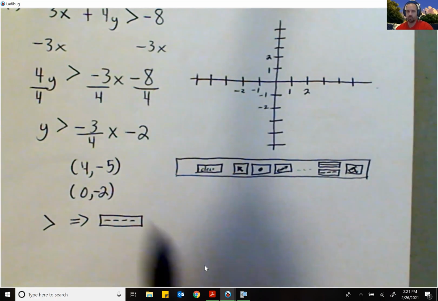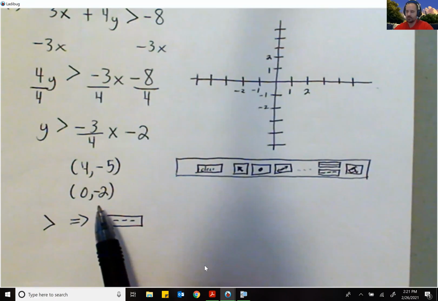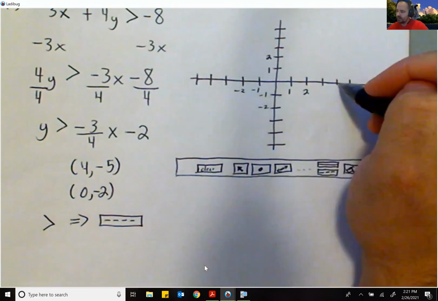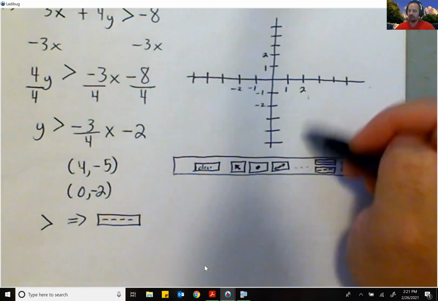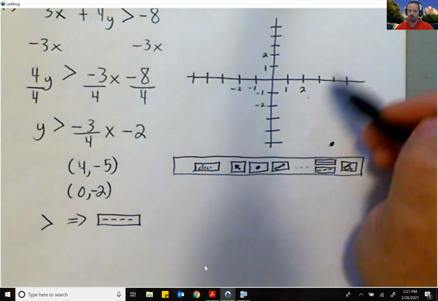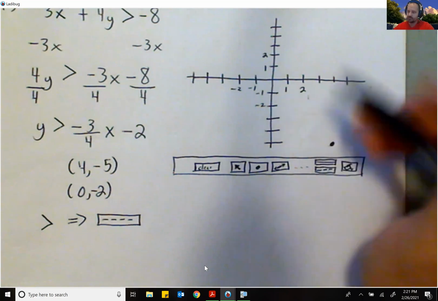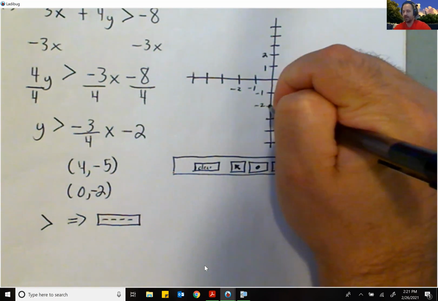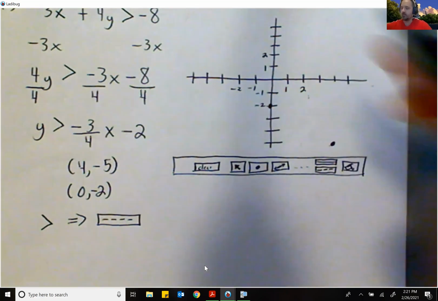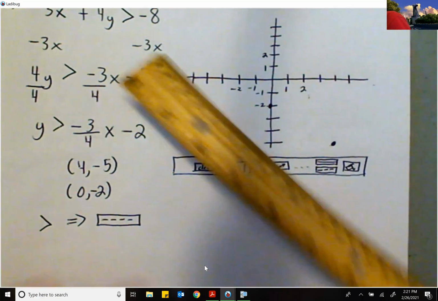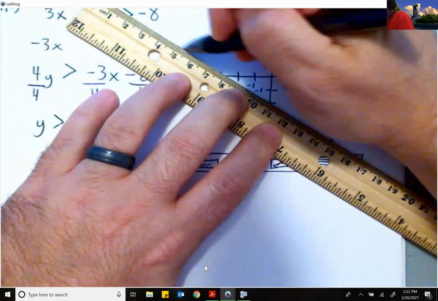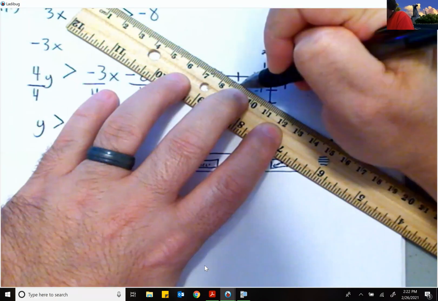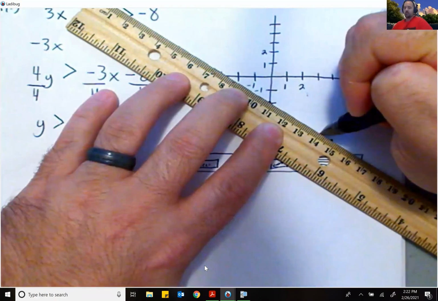And then now I'm going to graph my 2 points. 4, negative 5. And as soon as I move away, that was my first click. As soon as I move away, I've got this dotted line that's following my cursor. And I'm going to graph my second point, 0, negative 2. I'm going to draw in my line. And it's going to look like this. Because once I click that second point, it becomes a dotted line.